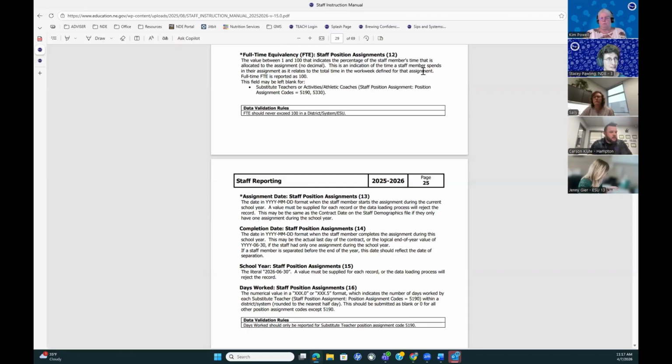They're not 100 FTE because that position assignment is a full-time person. So they'd be a partial, so then they would just be 0.75 or 75%. It all depends on that position assignment code, what that is defined as their time, what the 100 FTE for that looks like, and then you would go from there.